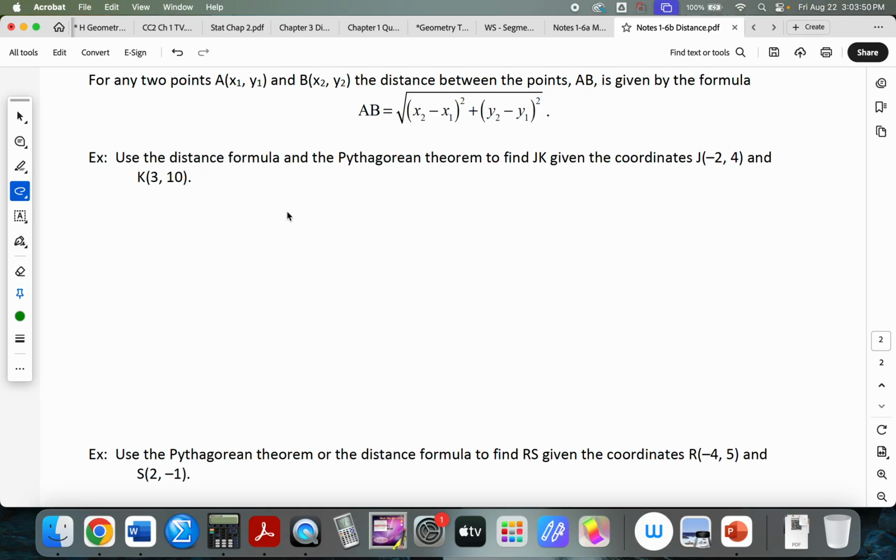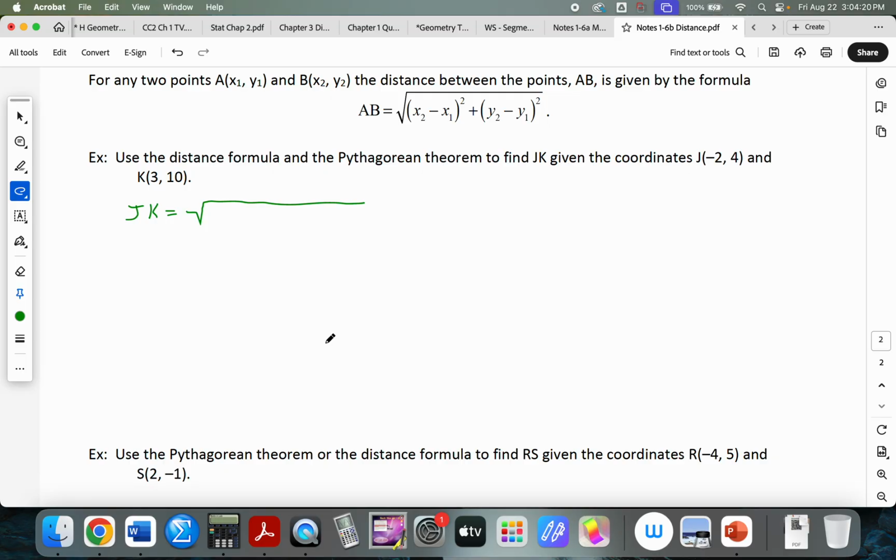So let's use the distance formula here. It says find the length of JK given the coordinates of J and the coordinates of K. So let's show how that's going to be. The length of JK is going to be equal to the square root of, it doesn't matter which one is x1 and which one is x2.